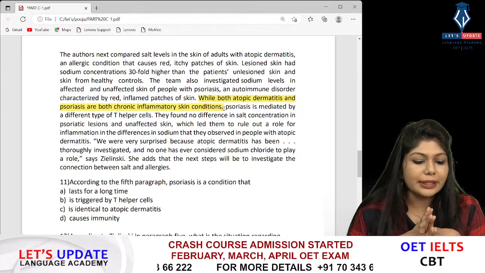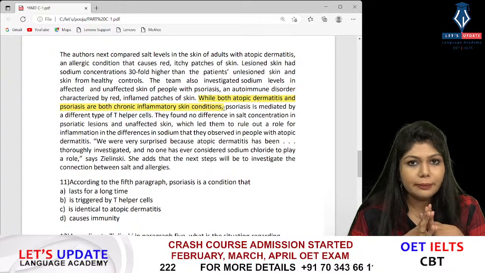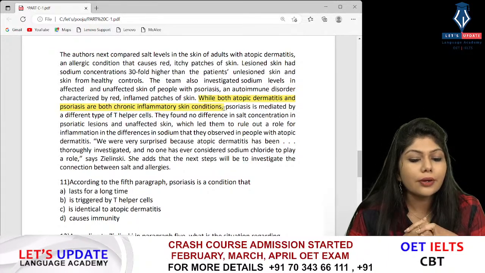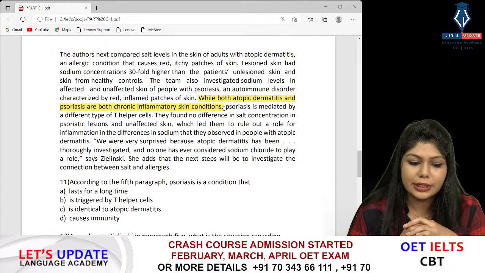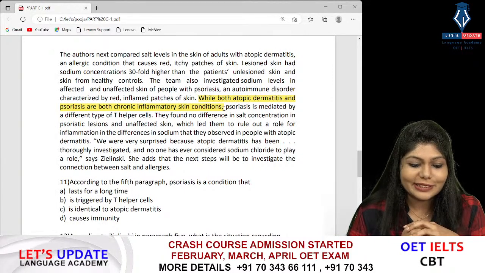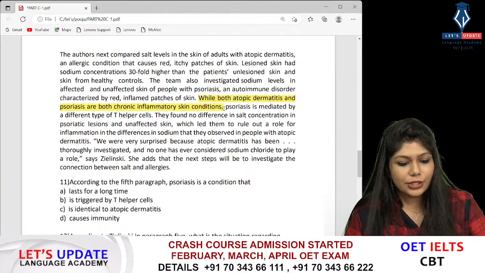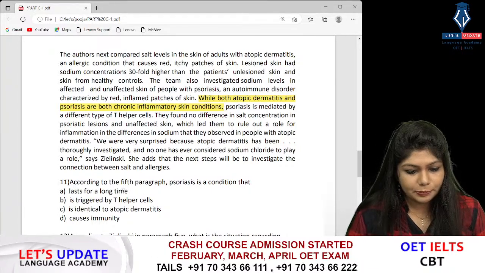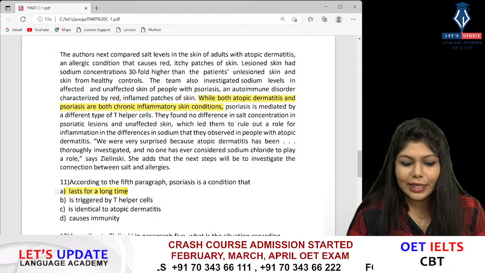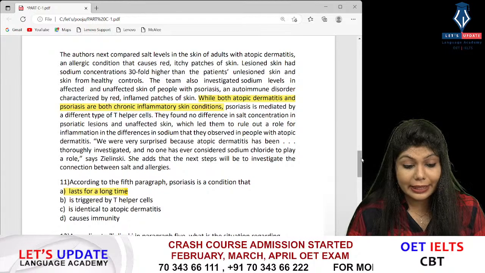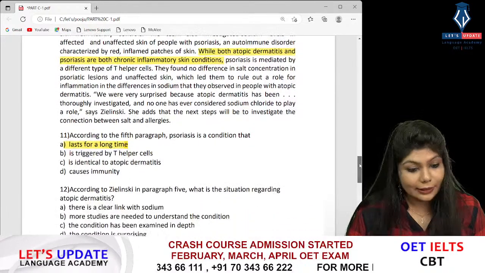So that is why we have eliminated B, C, and D. And because they have mentioned it's a chronic inflammatory skin condition, that means it's going to last a long time, and because of which your answer should be A. Those who have answered A, that's good.